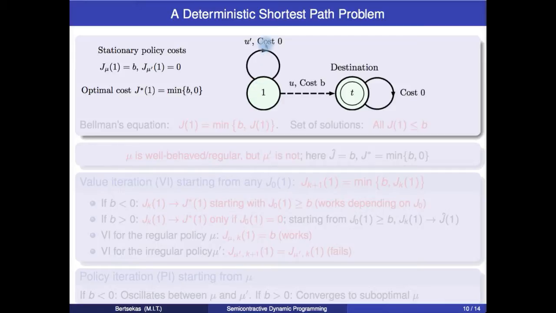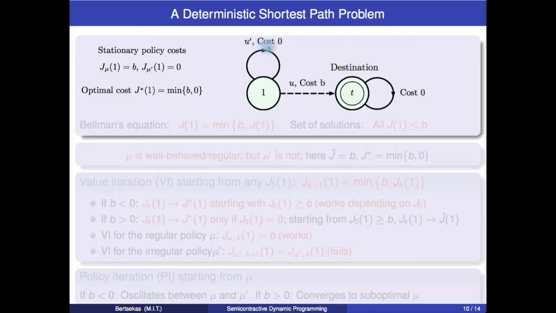If the costs were strictly positive here at node 1, staying at node 1, then you would want to go to the destination as quickly as possible, because staying at 1 would cost you something positive, which would accumulate to infinity over a long time. On the other hand, if the cost is negative, then you would want to stay at node 1 forever, and that's not a very interesting problem.